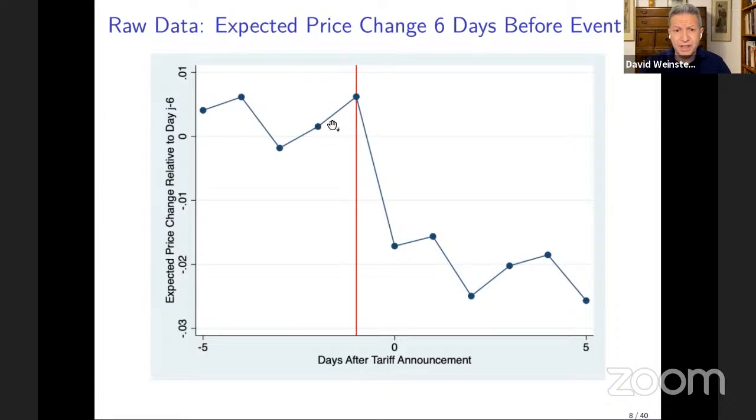And again, you can see that there's very little action happening up until the announcement date. And then you see that there's a big drop in expected inflation that happens on the day of the announcement, and it's pretty flat afterwards. And so the implied change in the price level is about minus 2% as a result of that.